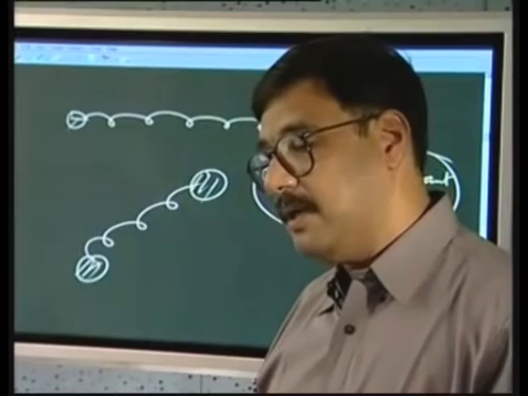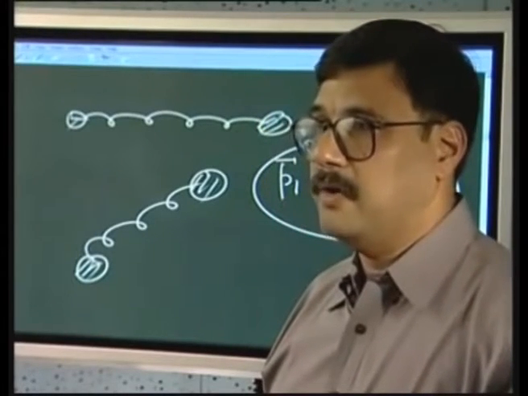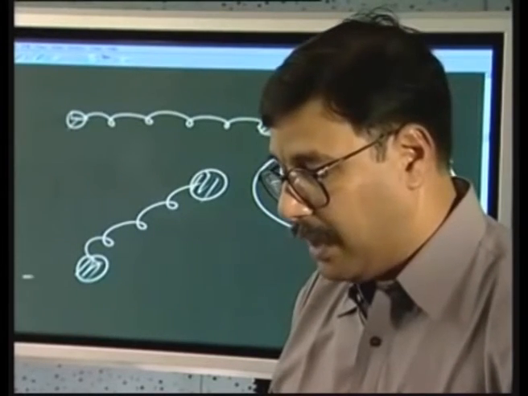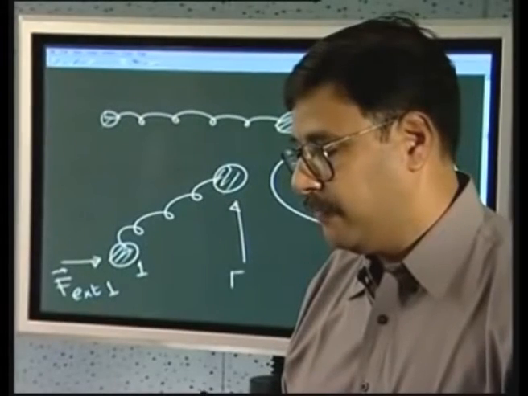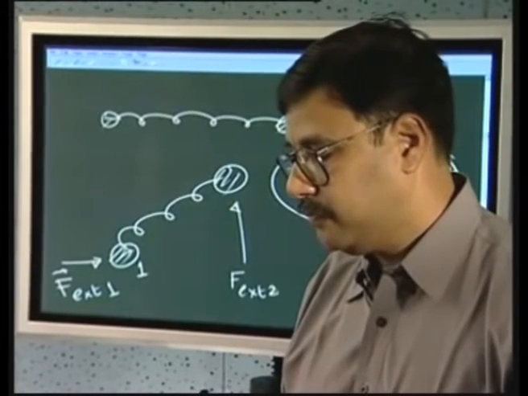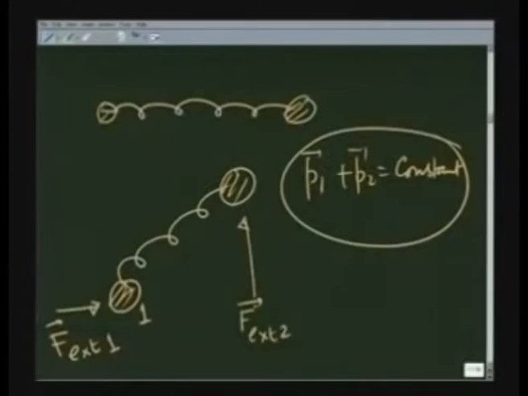Let us see what happens if forces were also applied on each of the particles. For example, on particle 1 there is a force, and to distinguish it from the internal forces between the particles, I will call it F external on 1. Let me call the force on particle 2 F external 2, and see what the dynamics of the system is.